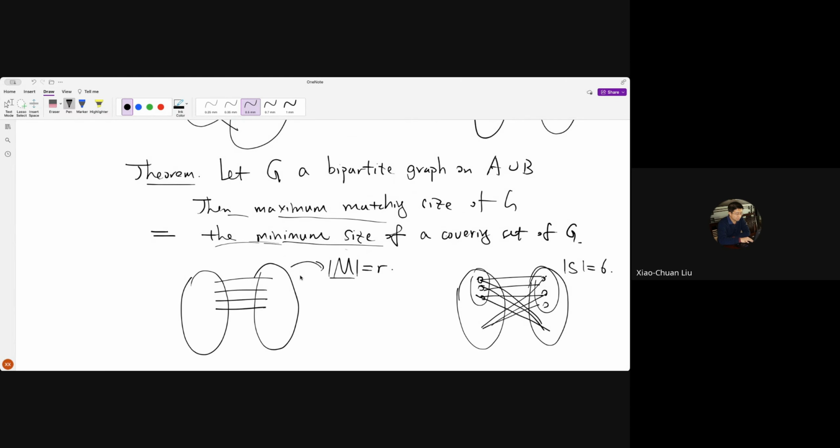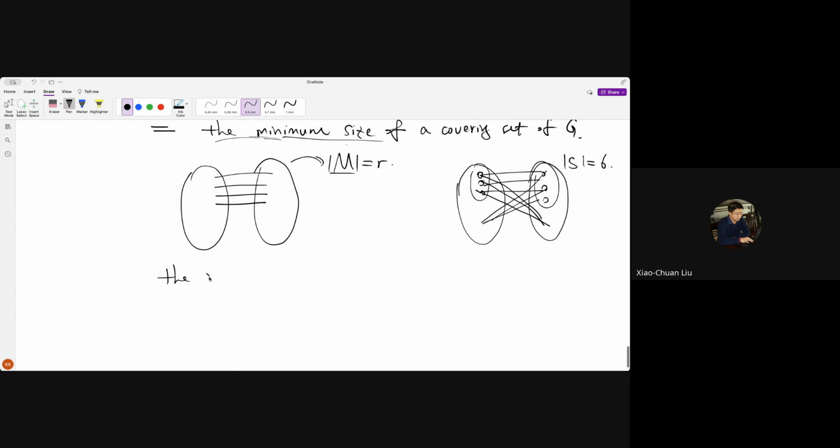But the proof uses augmenting paths. It's a very interesting proof, but it's a little harder than the proof I just gave, so I don't want to confuse you.